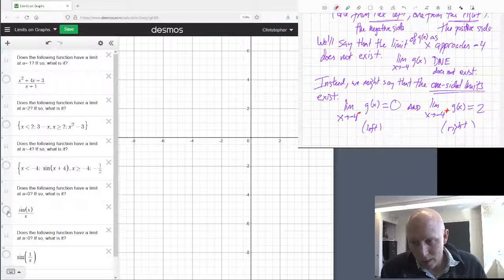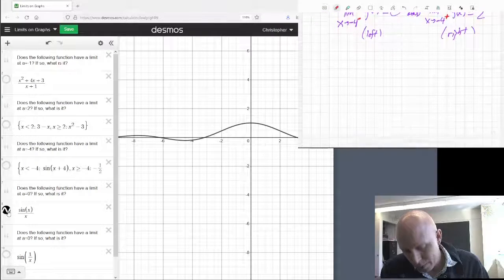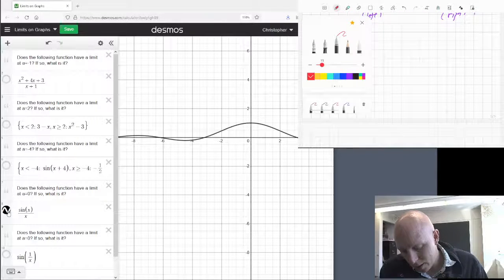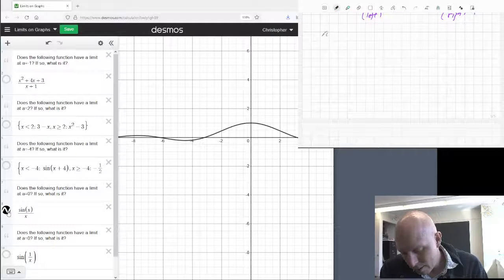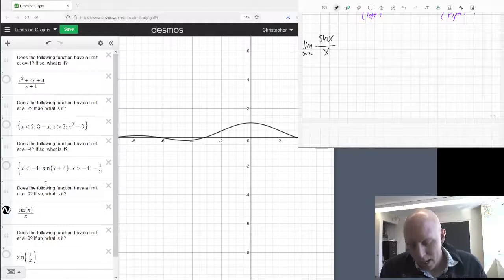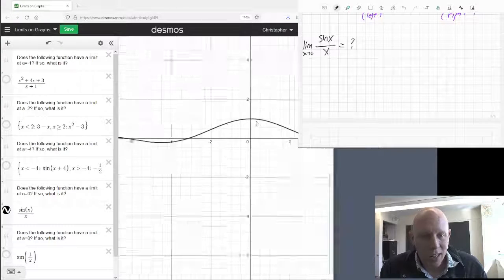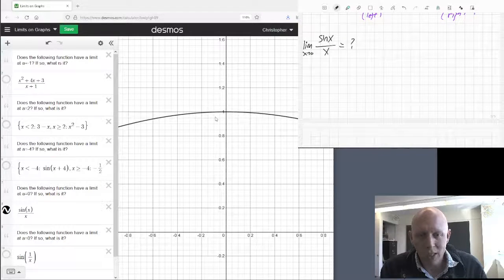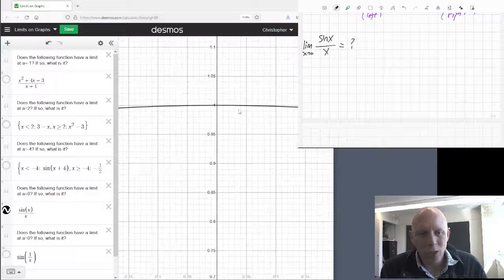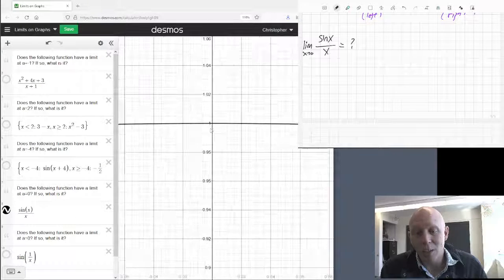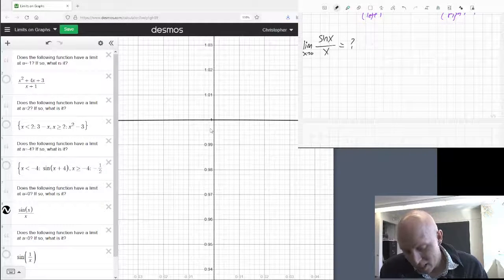All right, let's look at another example. Here we have sine of x over x, and we want to know what is the limit as x goes to 0 of this. Does the limit exist? If we look at this picture and zoom in, the function sure does look like the limit exists.